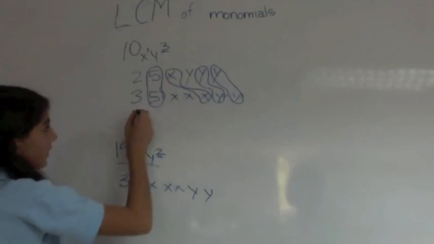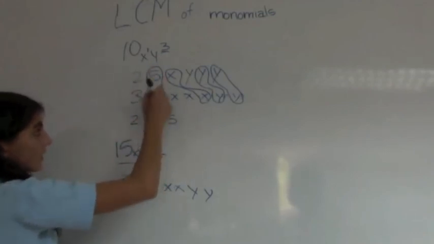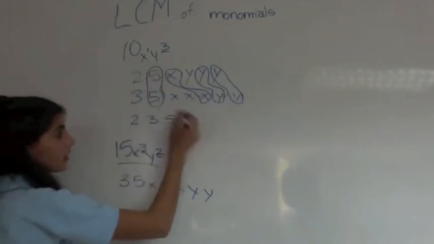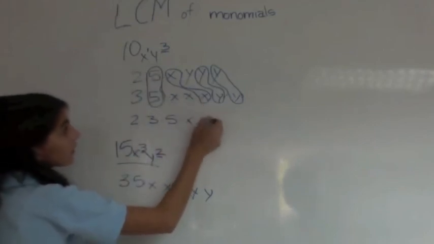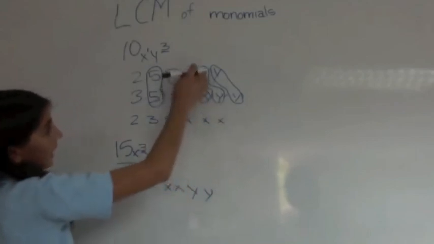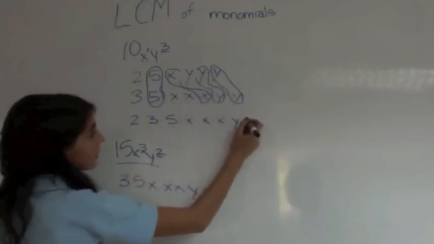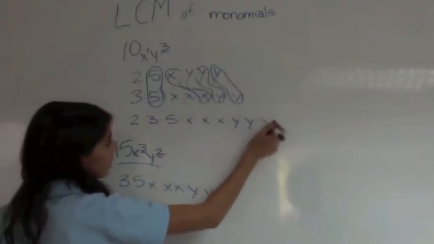So we would then write the 2 alone, the 3 alone, the 5 once since it's circled, these 2 x's here, this x once since it's circled, we can't forget this y, and then this y once since it's circled, and this y once since it's circled.